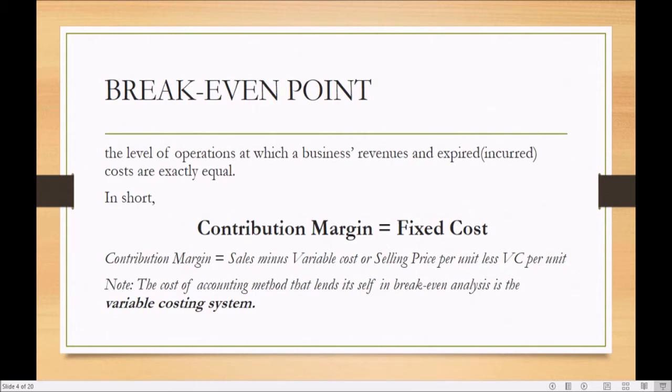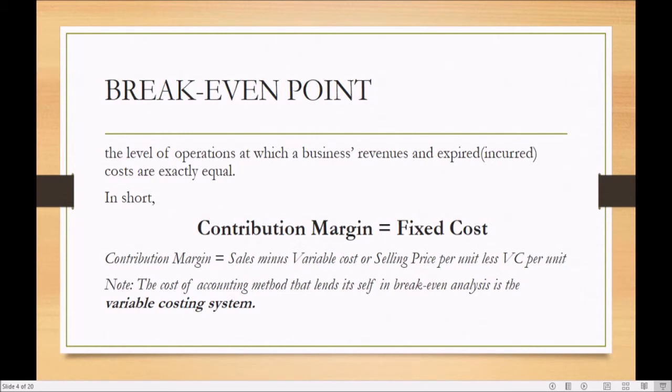There is no profit, and there is no loss. That means the revenue and the expenses incurred throughout the year are equal. In a standard presentation of financial statements, that is, the gross income is equal to the operating expenses.